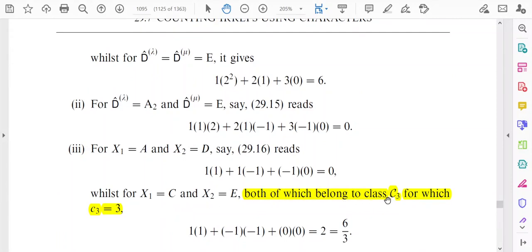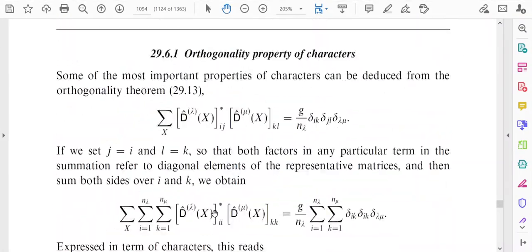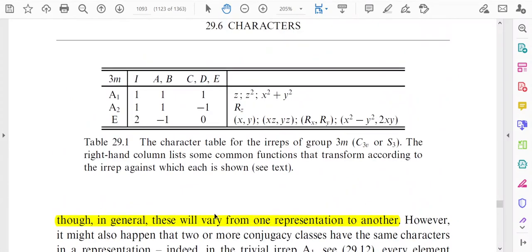Now suppose x1 is equal to C and x2 is equal to E, both of which belong to class C3, for which C3 is equal to 3. C3 means the number of elements in the class. Now for this example, if you consider the products of the characters for the class C3, they are both from the same class.